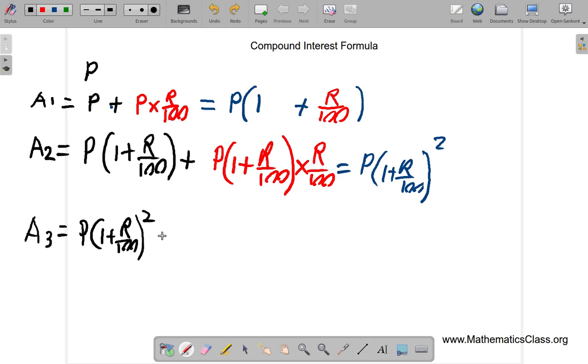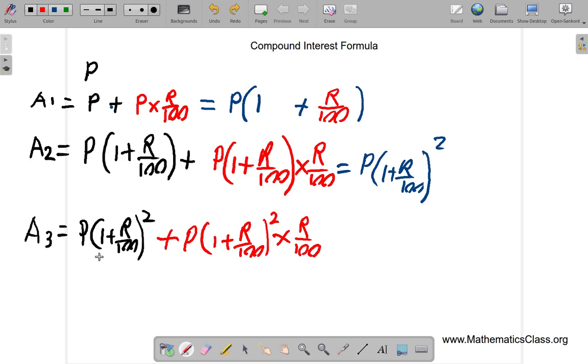The interest added was that money that you had a while ago, P times 1 plus r over 100 squared, multiplied by the rate over 100.